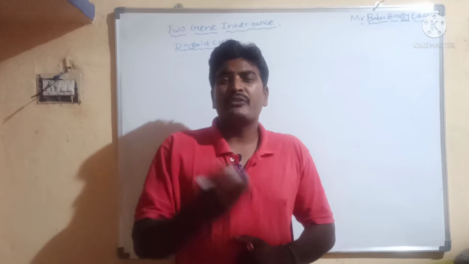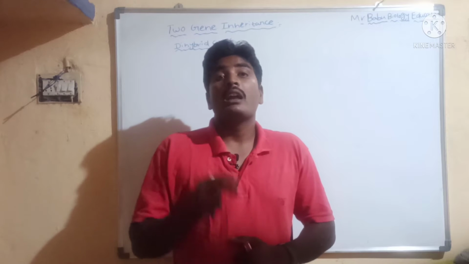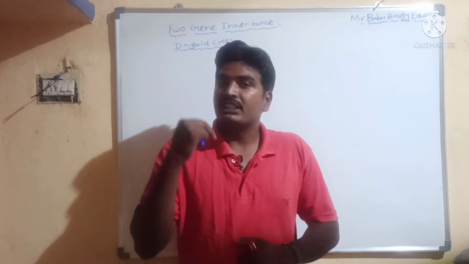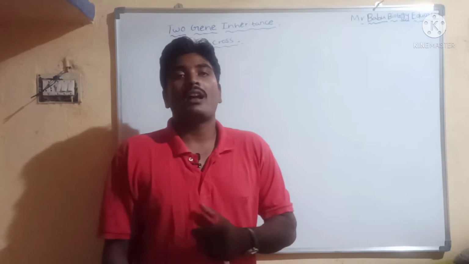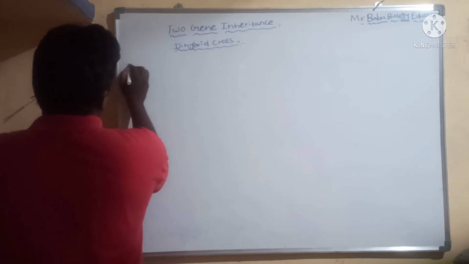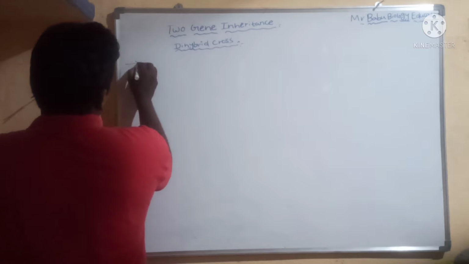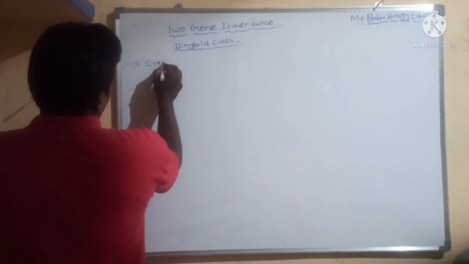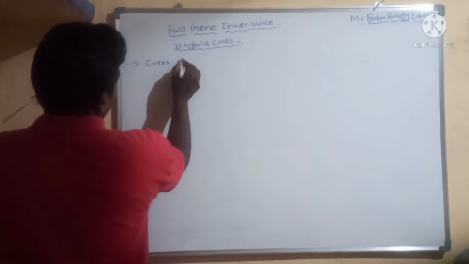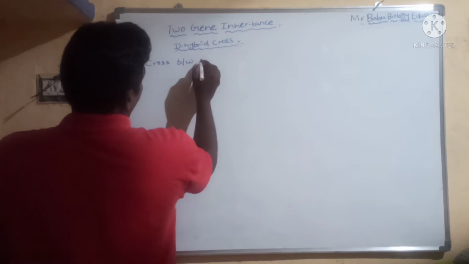If a cross is made between two organisms with different traits of two characters, it is called a dihybrid cross or two gene inheritance.